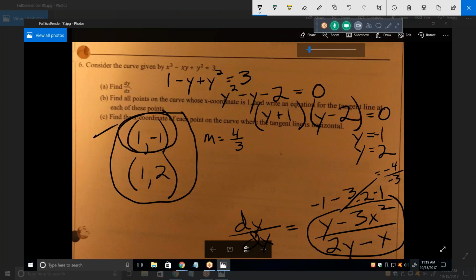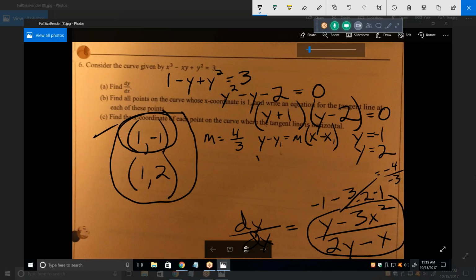So what's the equation in point slope format? The equation in point slope would be 4/3. Hold on. Remember, it's y minus y1 equals the slope times x minus x1. That's point slope format.